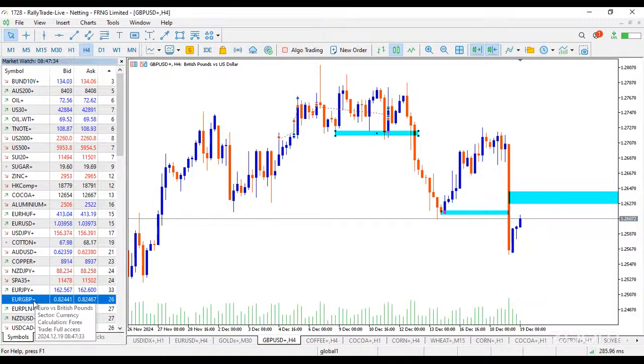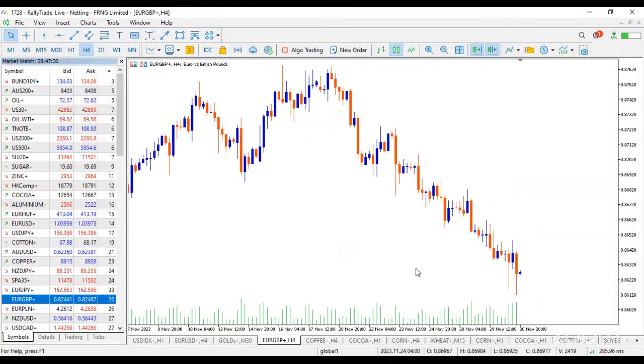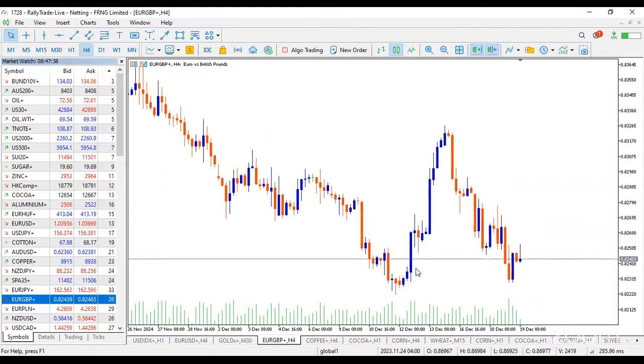So guys, this is Euro GBP. Let me do a quick analysis here on the H4 time frame.